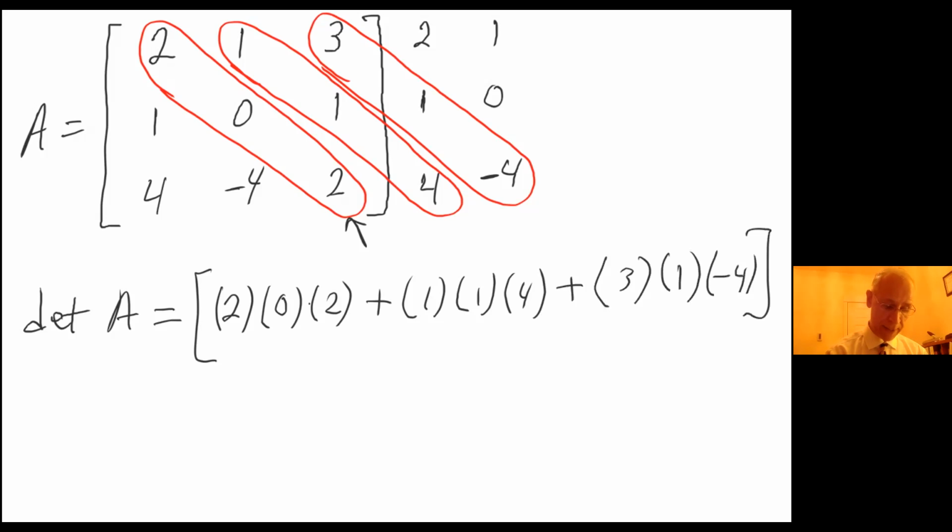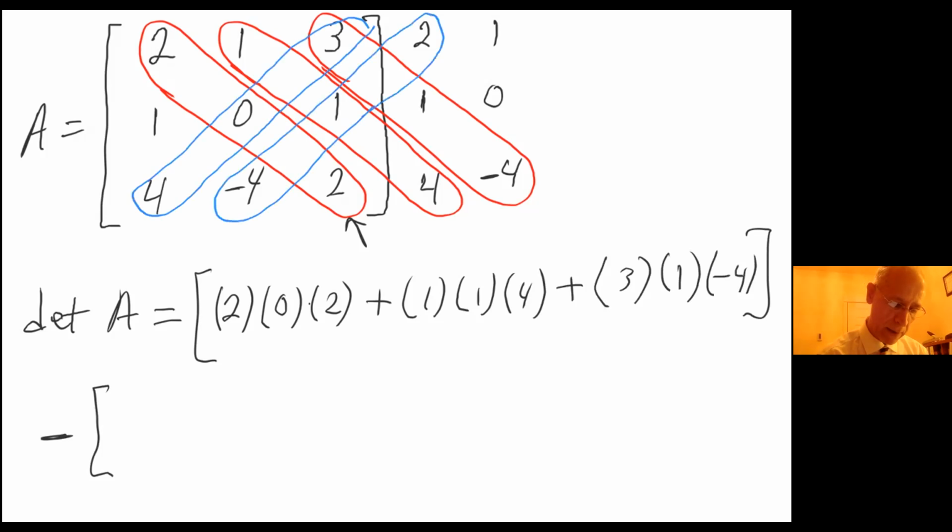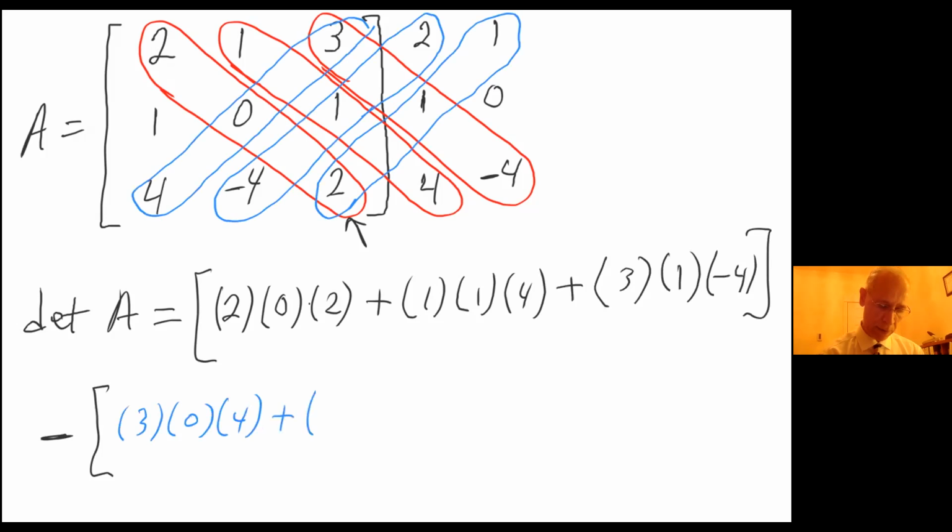And all that minus, let me use a different color and find these diagonals. Okay, so 3 times 0 times 4 plus 2 times 1 times -4 and plus 1 times 1 times 2.